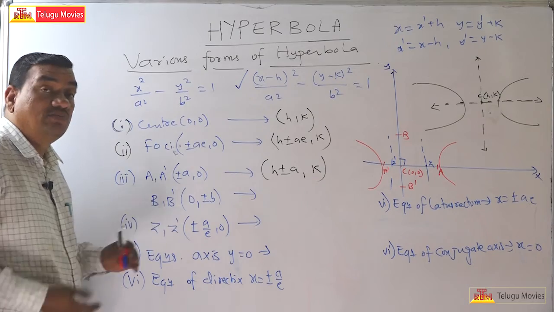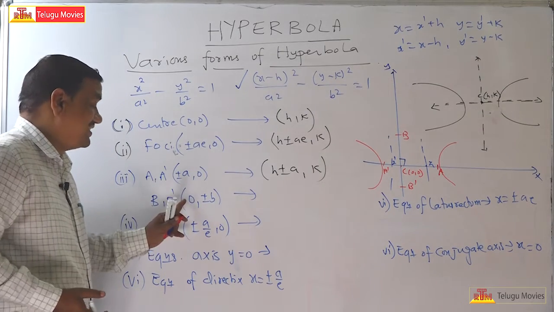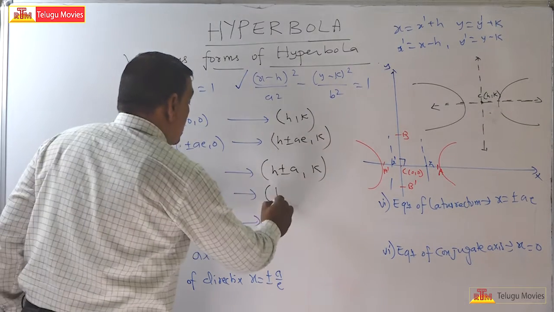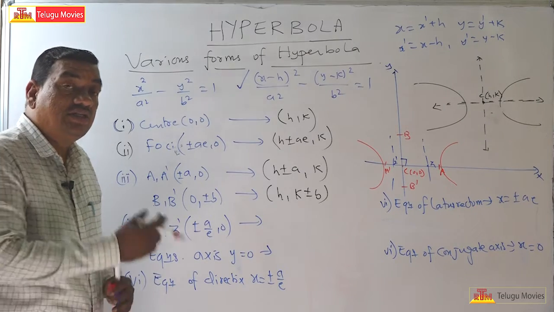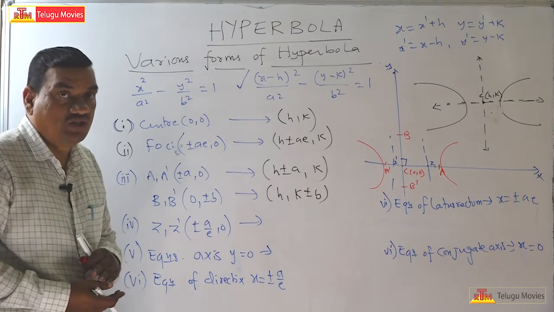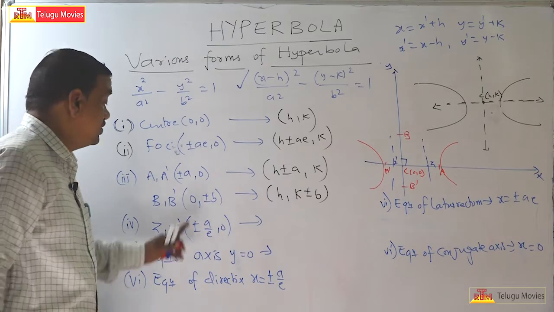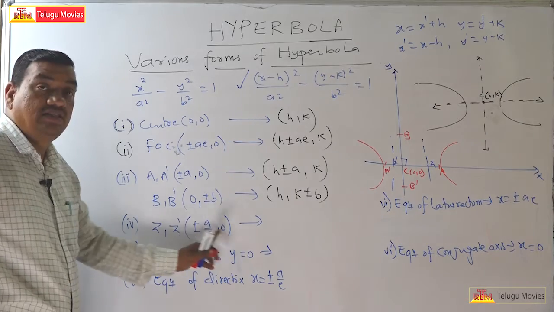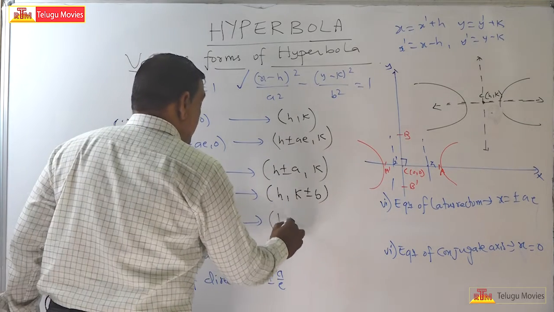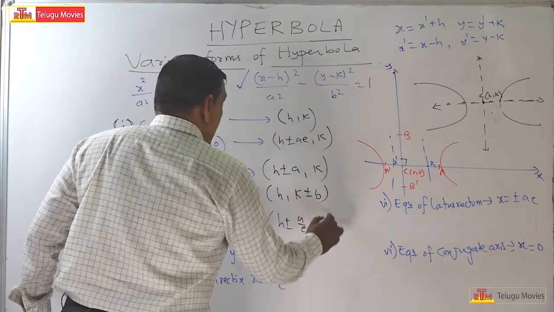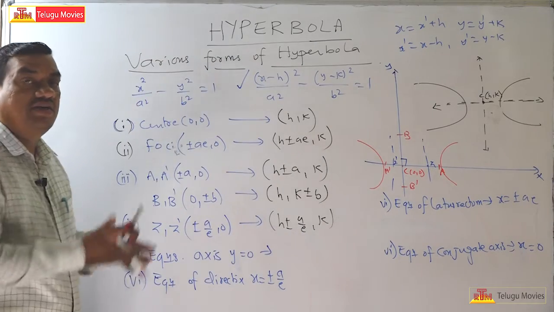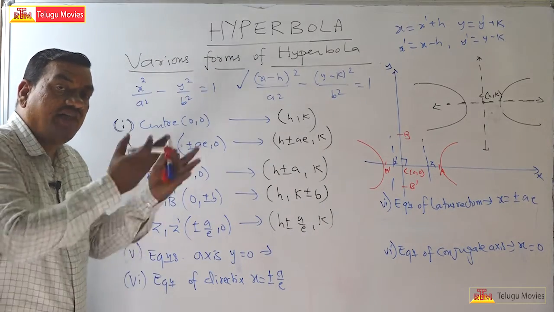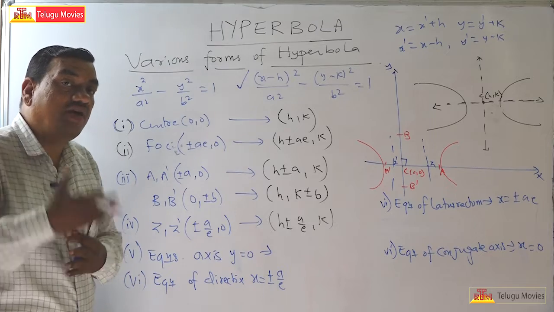B dash means the endpoints of the conjugate axis, add h and k, that is 0 comma plus or minus b becomes h comma k plus or minus b. Similarly, h plus or minus a by e comma k. So for all the coordinates you get an increment, for x an increment of h, for y an increment of k.